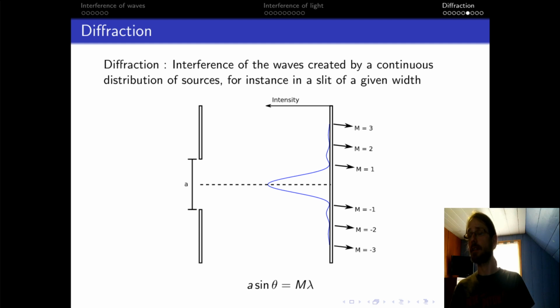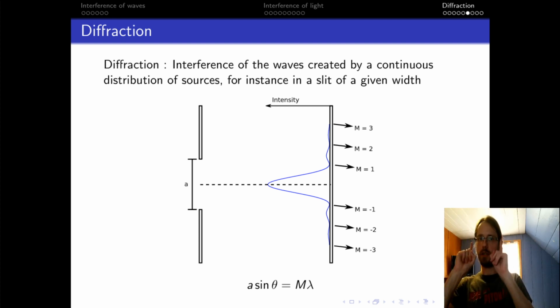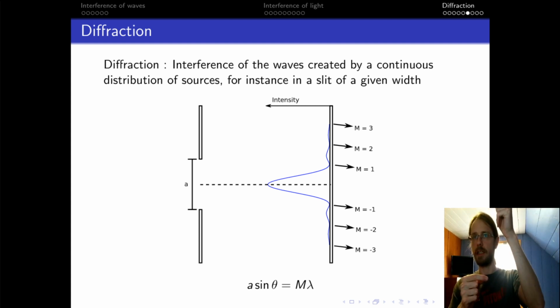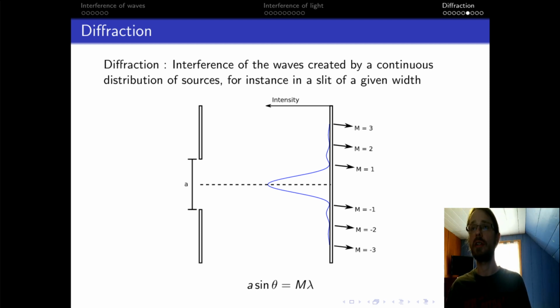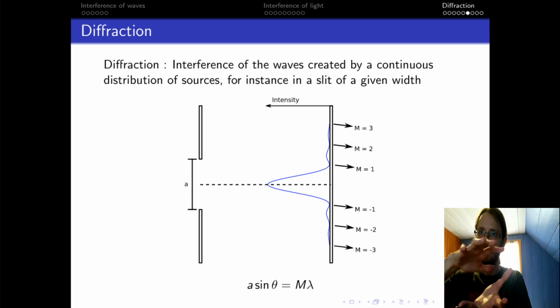In fact, it is the same phenomenon at its roots. But instead of having interference between only 2 sources, each located in their own slit, we have the interference of a bunch, in fact, a continuous distribution of sources, all jammed inside of the same slit. But at its roots, it is still interference of some waves.